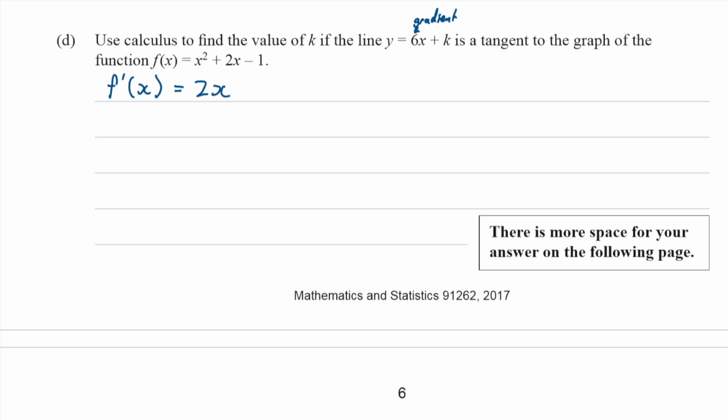Subtract 1 from the power to give 1. The derivative of plus 2x is plus 2, right? The derivative of a constant times x is the constant. It is the gradient. And finally, the derivative of negative 1, or the derivative of any constant, is 0.